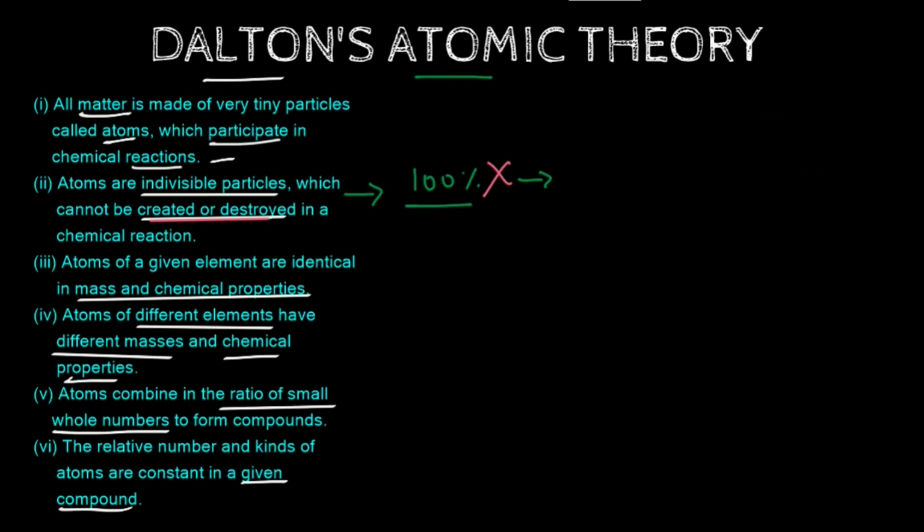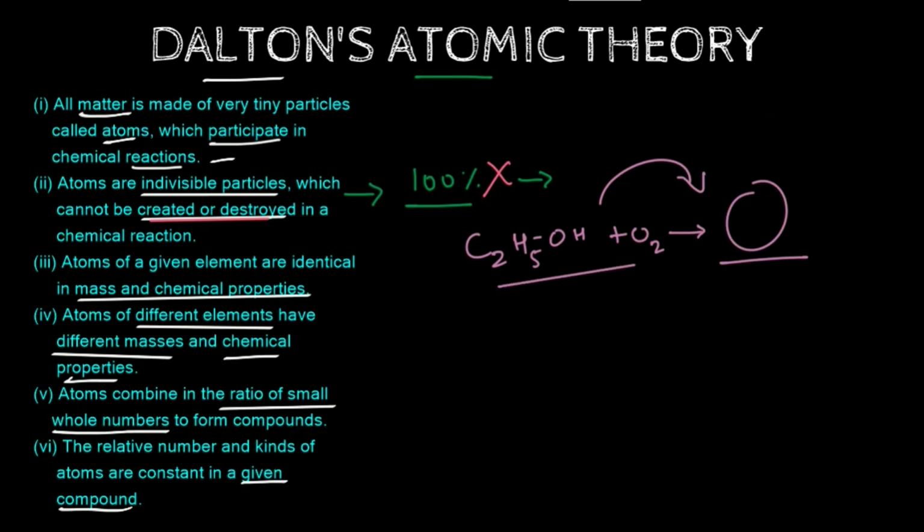So in this postulate, what he did is simple. Take the example of ethyl alcohol, and if you burn it in the presence of oxygen, what happens? It will burn completely. Does that mean a molecule is destroyed?